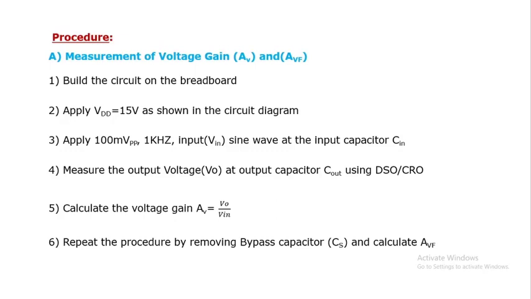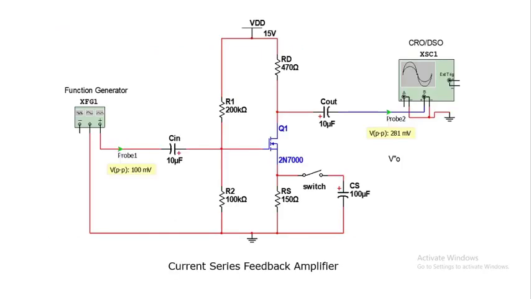Now I will discuss how to calculate the voltage gain with feedback and without feedback. AVF is the gain with feedback and AV is the gain without feedback. The switch is there in the circuit. If the switch is closed, then this circuit is without feedback, and if the switch is removed, then this circuit will be with feedback.